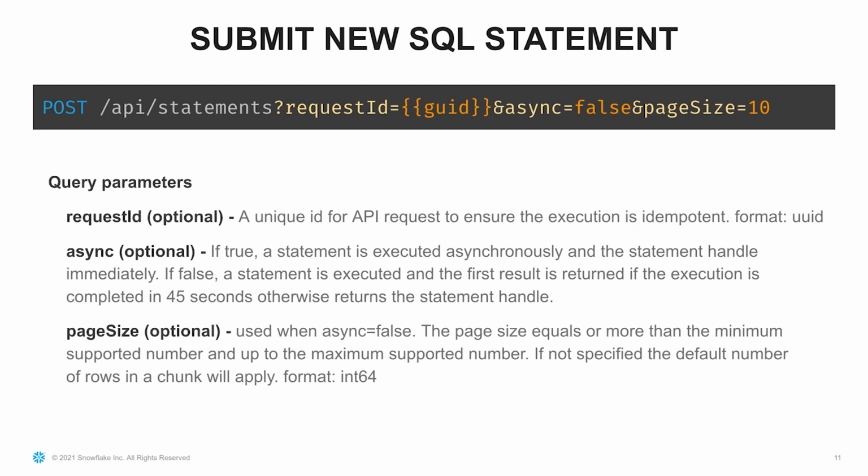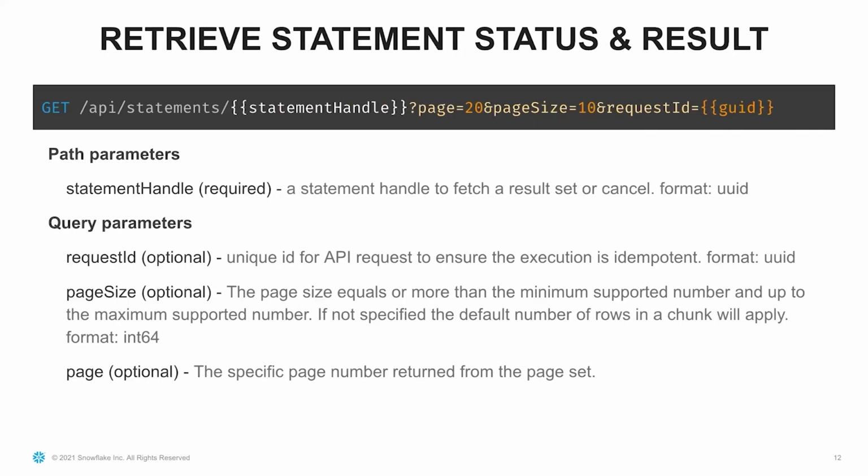And so when we now move forward and look at retrieving a statement, this is used really when you have set async to true, right? So meaning you have submitted a SQL statement to Snowflake, and Snowflake has responded to you saying, we received the statement, here is its ID, and then now you can use that ID, which is the statement handle, to fetch the results at a later time, right?